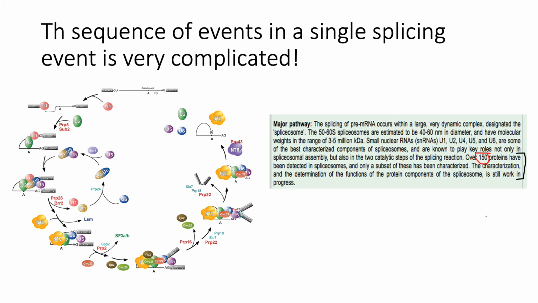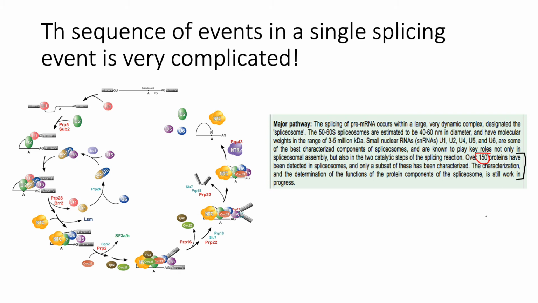Up at the top, it shows the exon, the intron, the A, which they call the branch point, and then the second exon, and then it shows it going into this formation, moving to the left, and all these ribonuclear protein complexes are coming off and coming on, and there are all kinds of other factors, and there's cutting and splicing. Working out the conditions for this has been intense, and we still don't understand it.